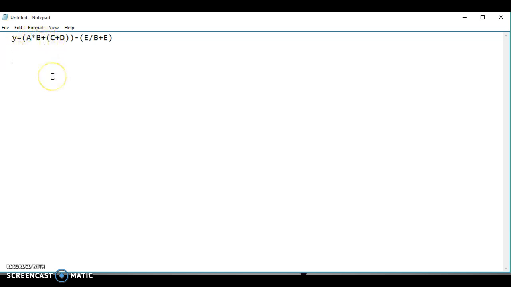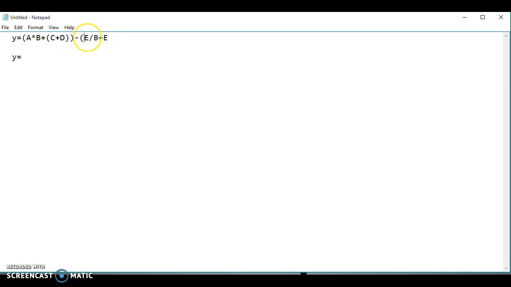Okay, let me solve this step by step. Since we have two brackets, we can decide on which bracket we want to start first. I personally prefer to start from the back. Let's say this part does not contain a bracket, so we should start from this first.